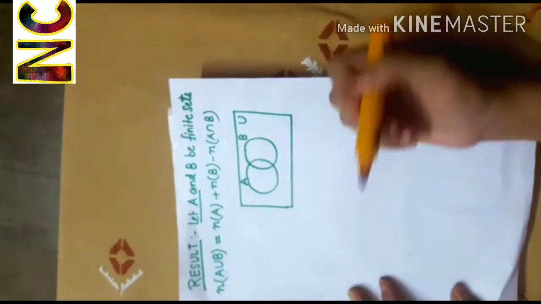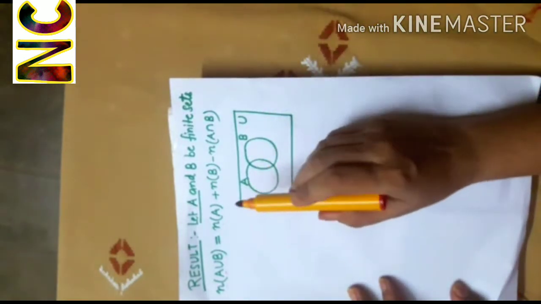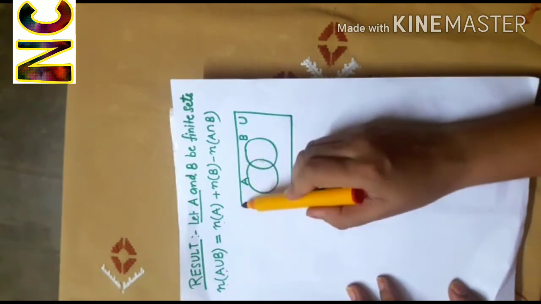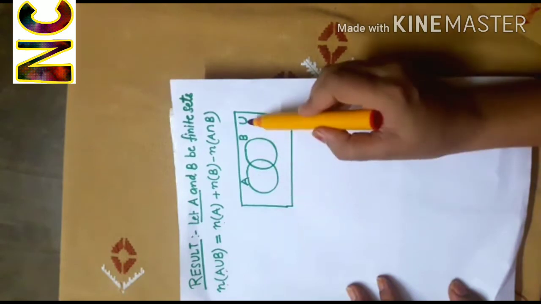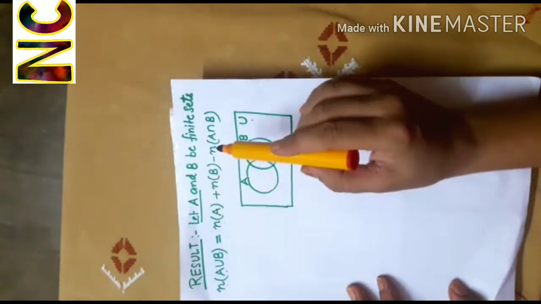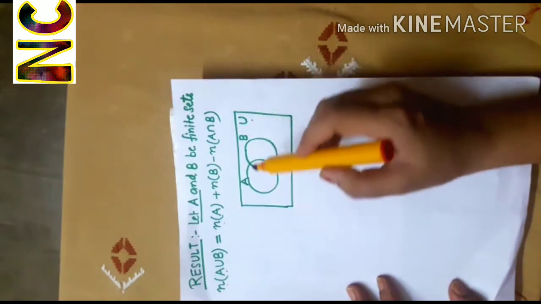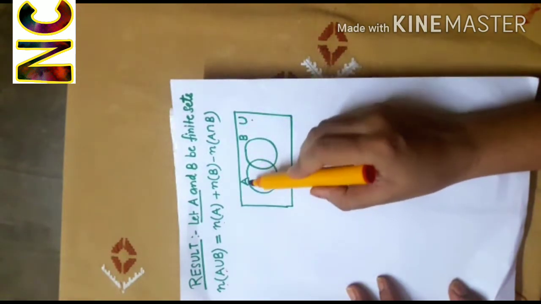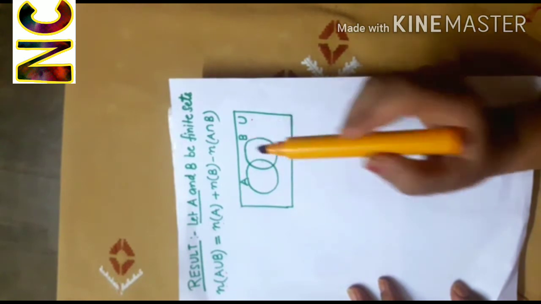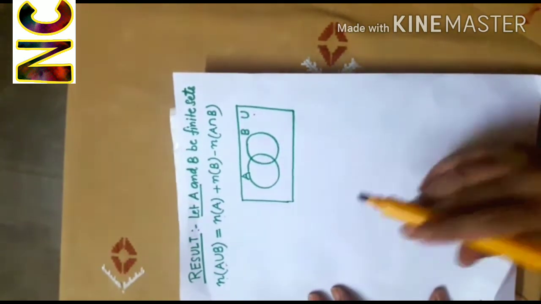First, let's draw the Venn diagram for this. We learned that in Venn diagrams, the universal set is represented by a rectangle. So this rectangle represents the universal set U. Now A and B will be subsets of the universal set. So this circle denotes the set A and this circle denotes the set B. Now look here.